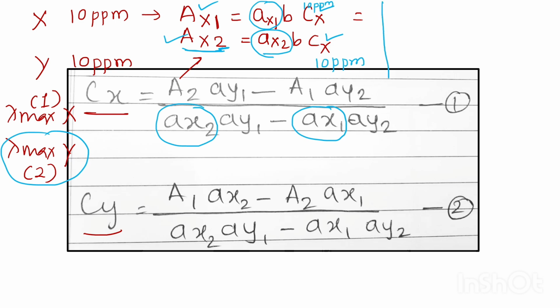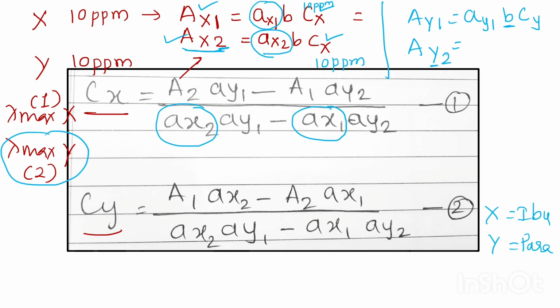Okay, देखो यहाँ पे, absorbance of Y at first wavelength will give you AY1. Okay, B is always 1, so I'm not talking anything about B. B path length that is 1 for our instrument. Now AY2, absorbance of second drug that is paracetamol. This is Y is paracetamol, X is ibuprofen in our case here.